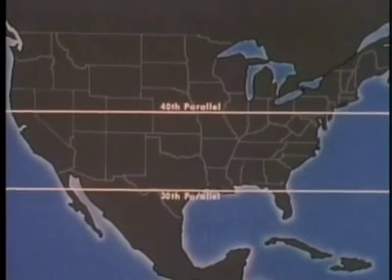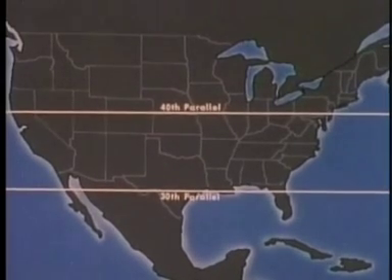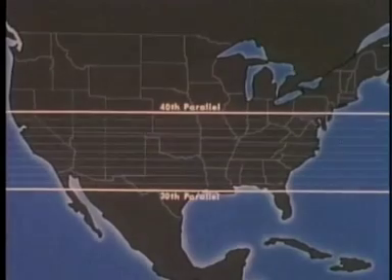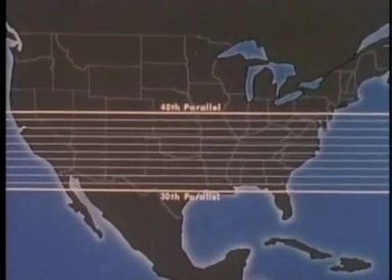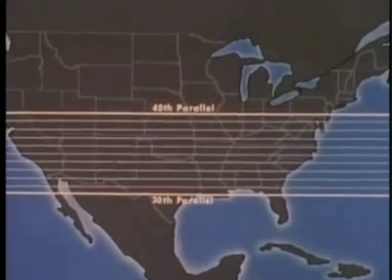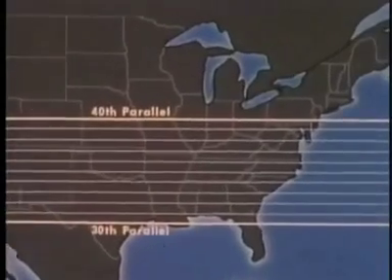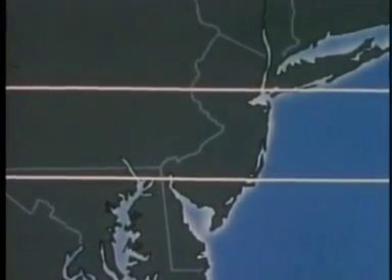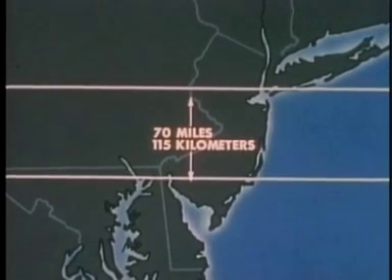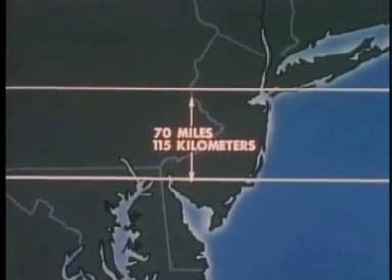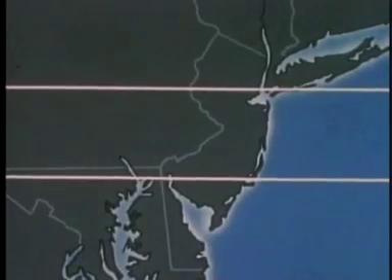Now, 10 degrees of latitude takes in quite a bit of territory. To locate a spot more accurately, we can draw lines for each single degree of latitude. But actually, the distance represented by 1 degree of latitude is still fairly large, about 70 miles, or about 115 kilometers. If we really need to locate a spot accurately, we can divide a degree into 60 smaller parts, minutes.